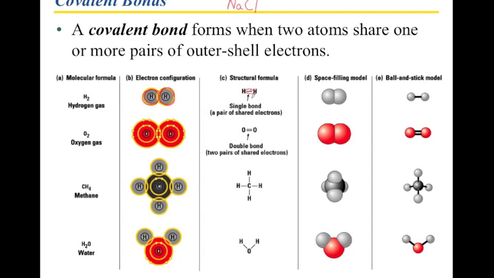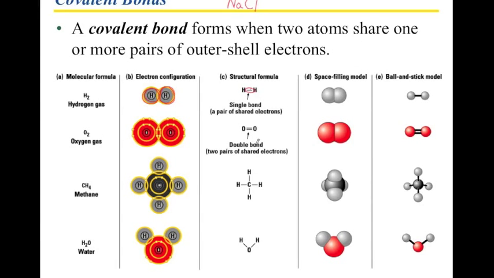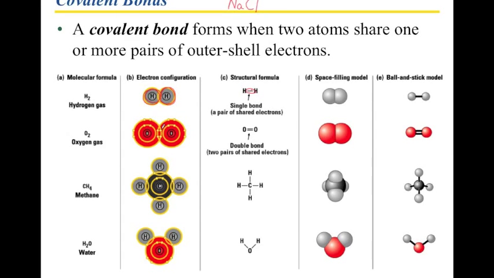In this case, with the oxygen, you have 2 lines. That's a double bond, and it means that 2 electrons are being shared. In this case, you have 6 on the outer shell. Well, 2 of those 6 are being shared with the other oxygen. So that one has 6, and it's sharing 2.